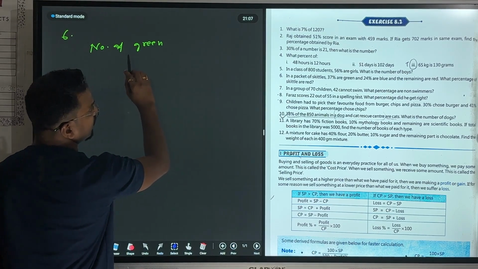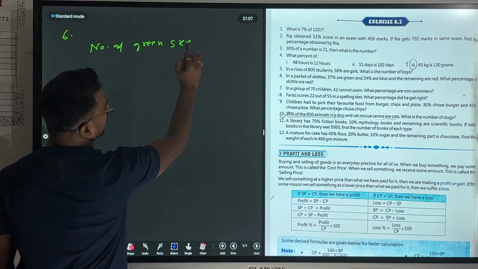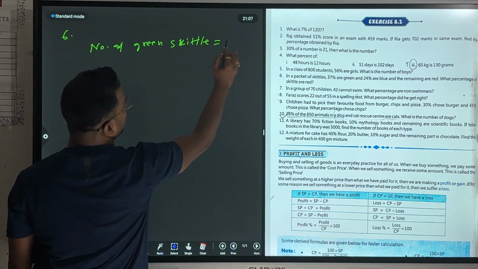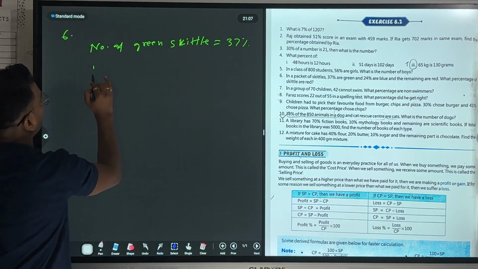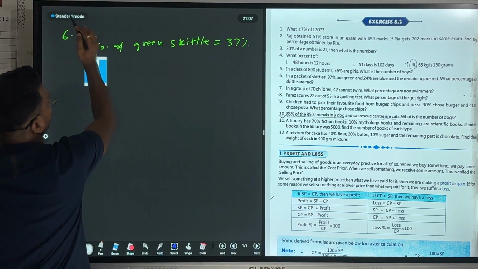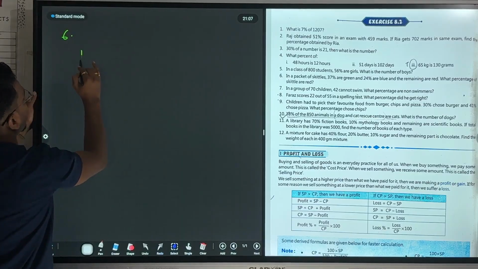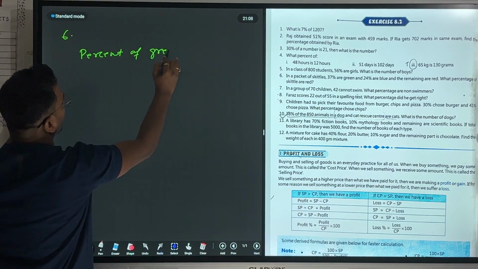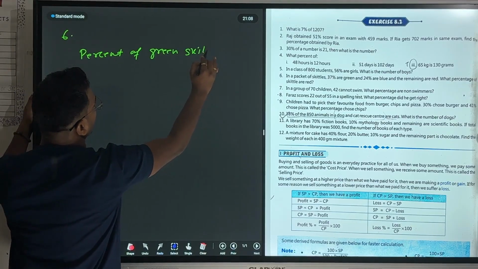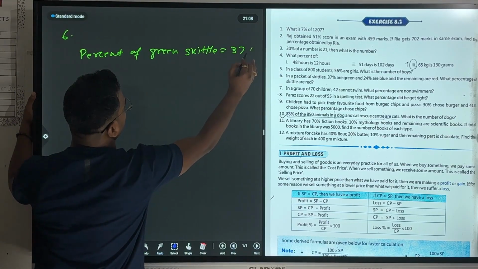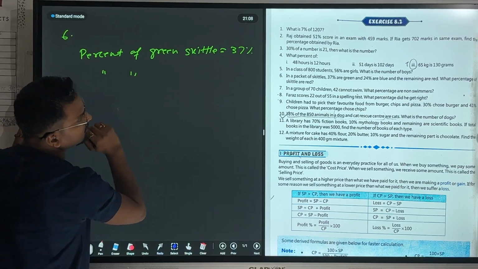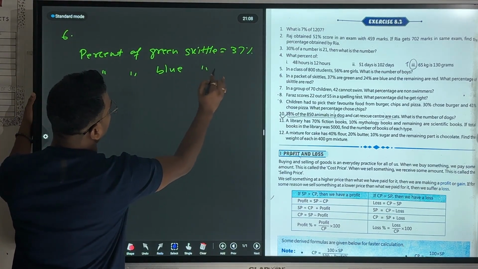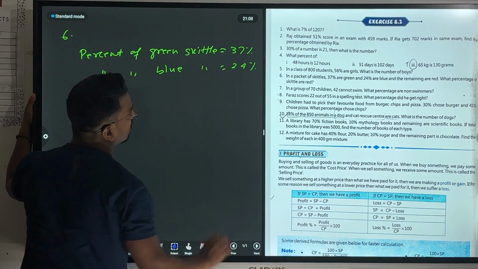Percent of green Skittles is 37%. Next one is blue. Percent of blue Skittles is 24%.